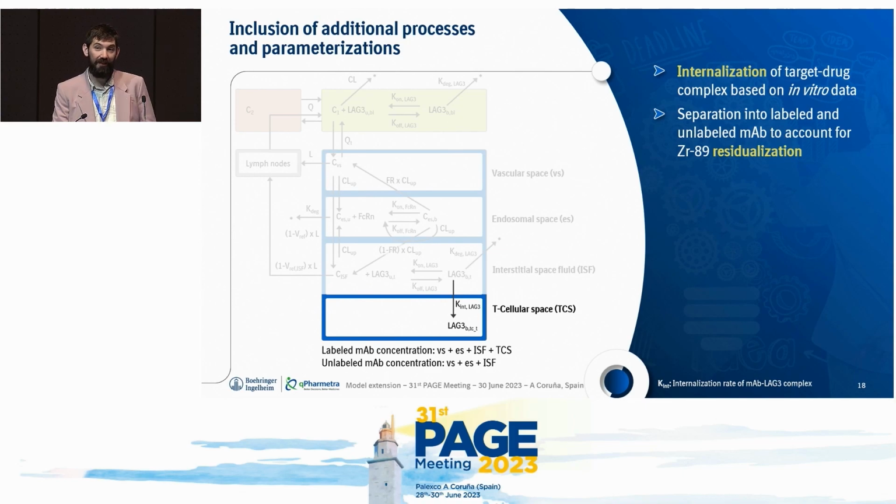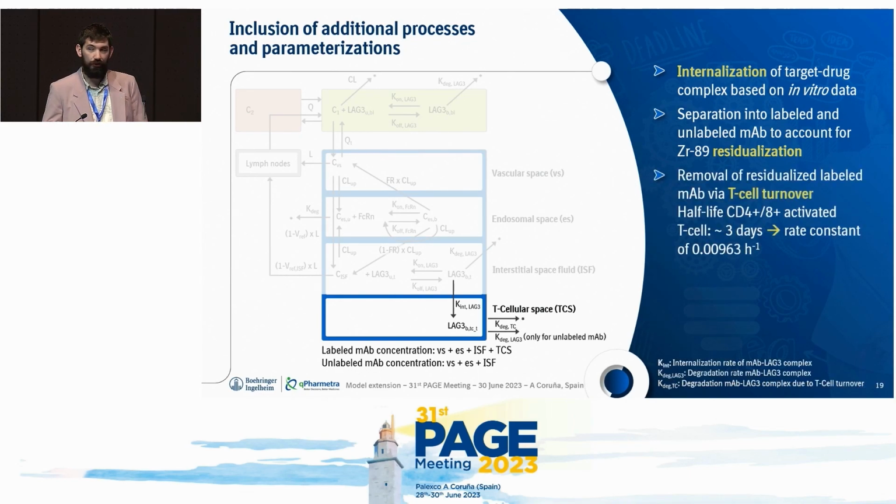However, we did see that the labeled compound did not stay forever within our system, because of course T cells don't stay forever there. They are mobile and they have a turnover rate. So in order to take into account removal of the radiolabeled compound by T cell turnover, we took into account a half-life of an activated T cell of around 3 days and included this as a decay process for the radiolabeled compounds.